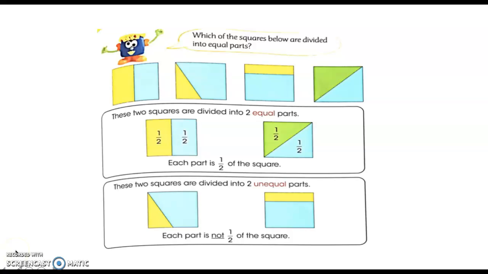For a unit fraction, the whole should be divided equally, and when you take 1 unit from the whole, it will be expressed as 1 over the number of parts that you divided. For example, this is divided into 2. When you take 1 unit, it will be 1 over 2 because the whole is divided into 2.